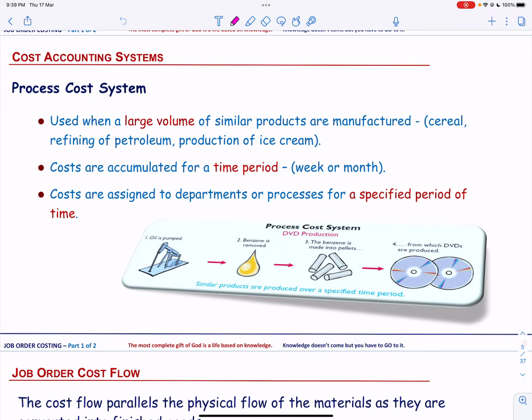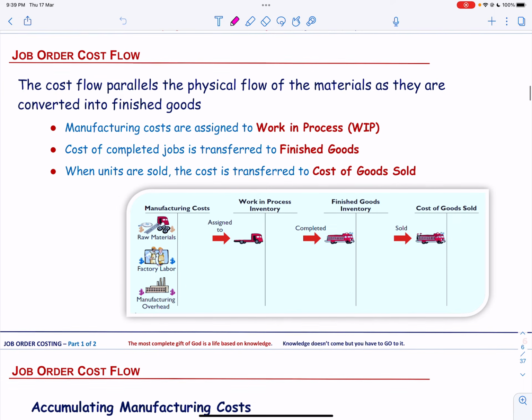Let us now talk about job order cost flow. The flow of cost in job order cost accounting parallels the physical flow of the materials as they are converted into finished goods. They first accumulate manufacturing cost in the form of raw material, factory labor, or manufacturing overhead.